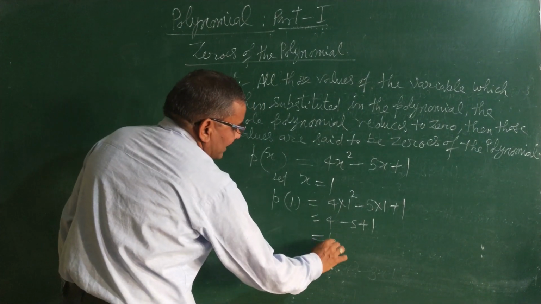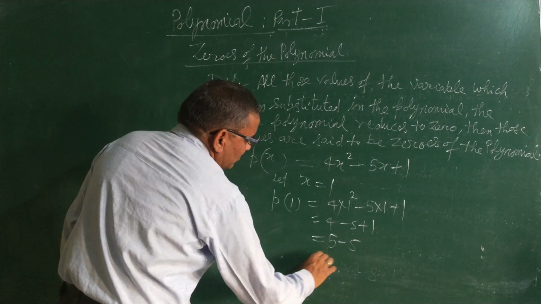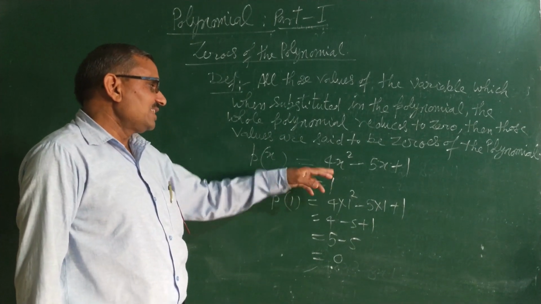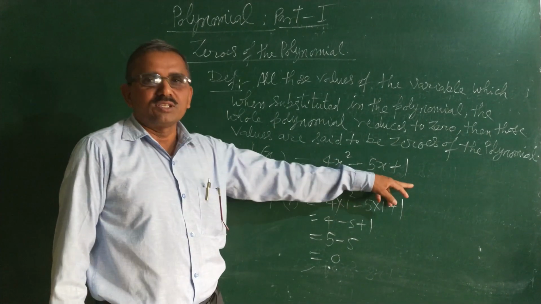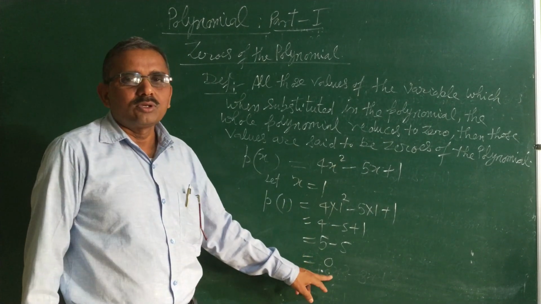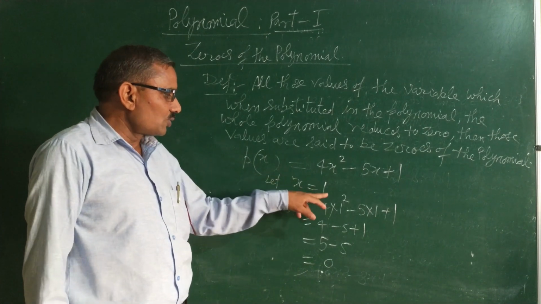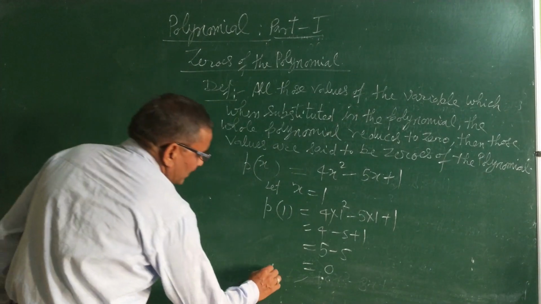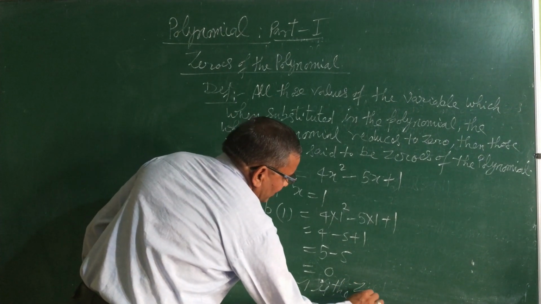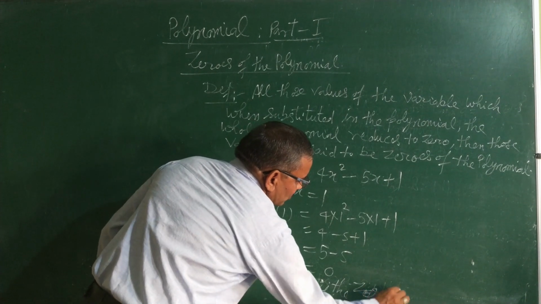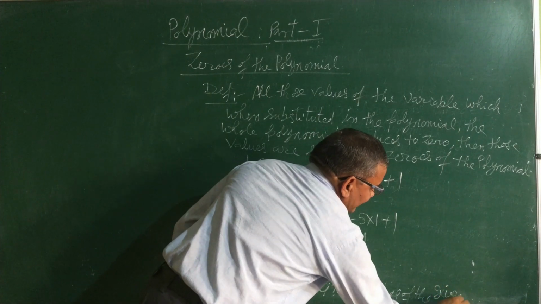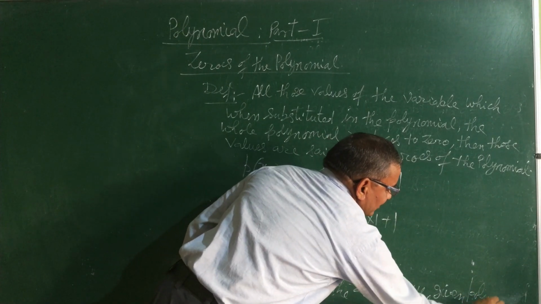This is equal to 5 minus 5, that is equal to 0. So when I have substituted x is equal to 1 in the polynomial 4x square minus 5x plus 1, then we observe that the value of this polynomial is equal to 0. So we say that x is equal to 1 is the zero of the given polynomial.